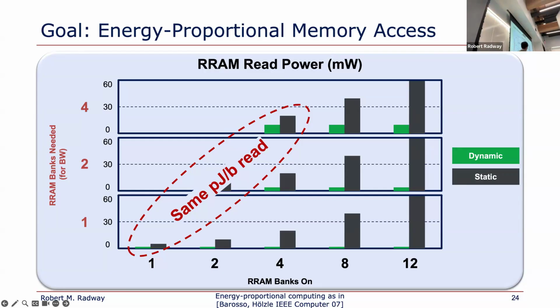So if you had 12 banks on, but you're reading 4 at a time, you're wasting a bunch of static power versus the actual amount of dynamic power you're spending reading the memory. And so if you can turn down from 12 on to only 4 on, then your static and dynamic are much closer to the right proportion that you would have with 2 for 2x and 1 for 1x.